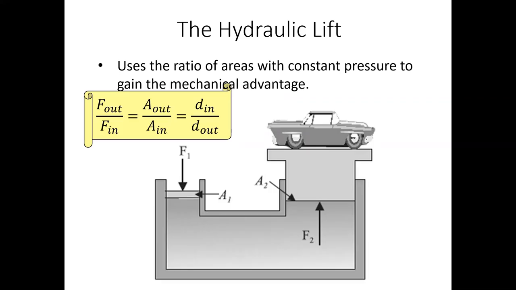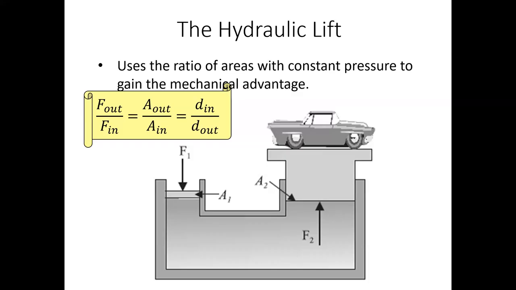So there's that. Secondly, just with the conservation of energy, if I push down with an F in force, I need to push a lot further than the piston that's outputting the force. So therefore, if I want to lift up a 1,000 newton car 1 meter, I need to push my input piston 10 meters in order to do that.